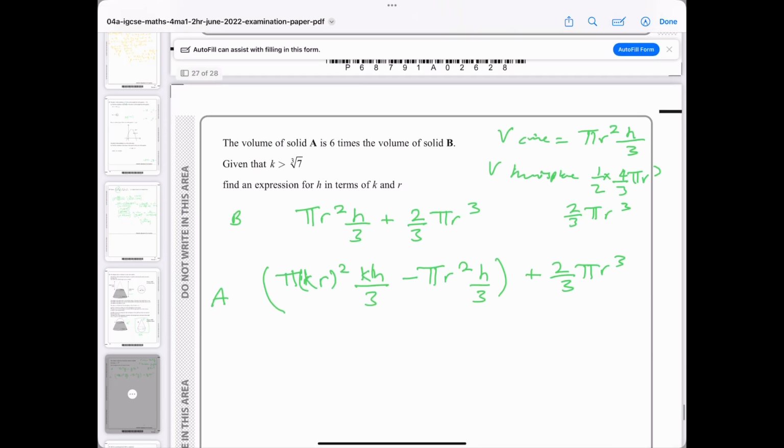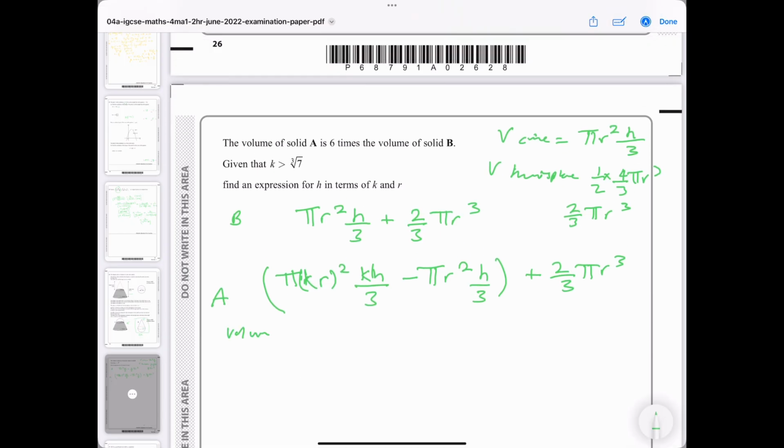So that is the volume of that one, and that is the volume of that one. I'm just trying to think what I can clear up from that. So that's k squared r squared.